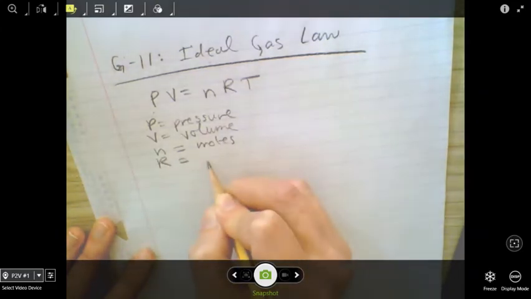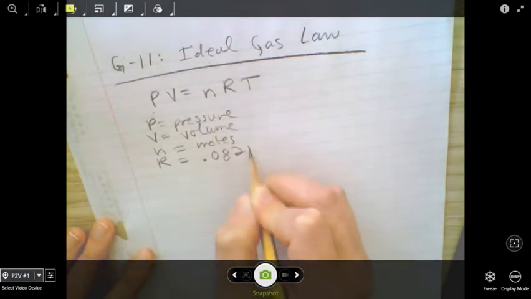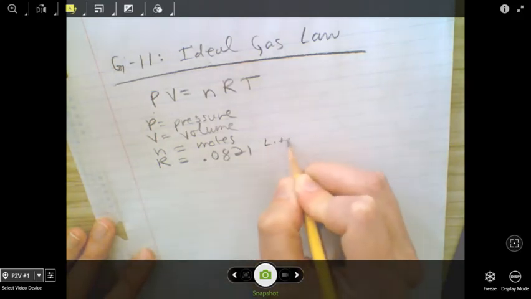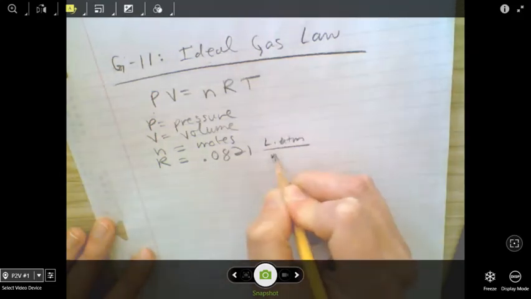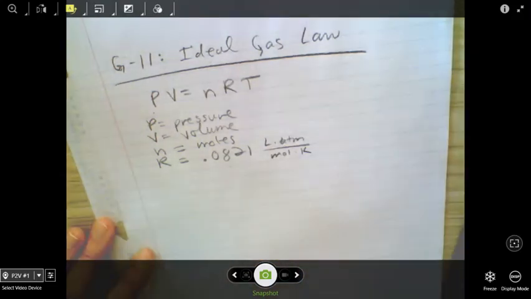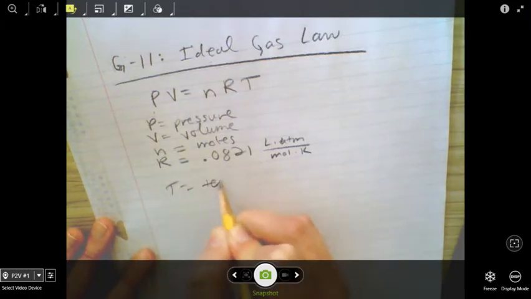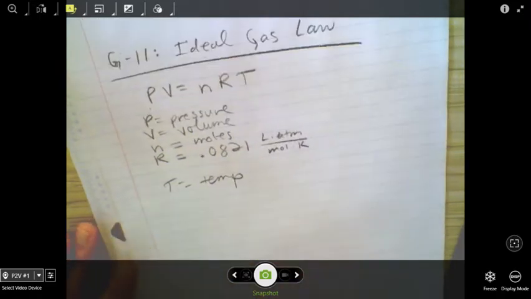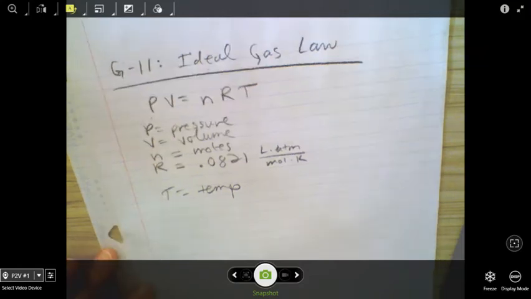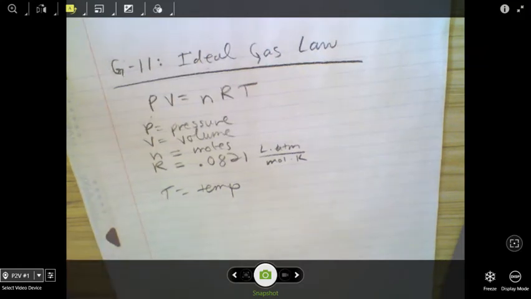R is always the same number, 0.0821 liters times atmospheres per mole Kelvin. And T is obviously temperature. Okay, so those are all being multiplied together.